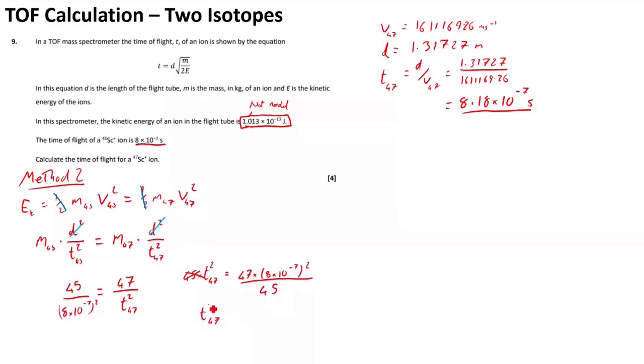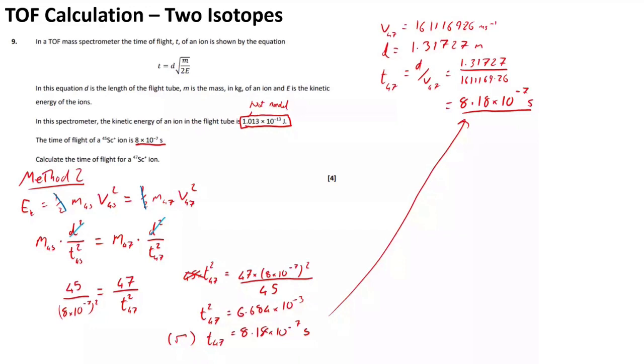And then the time of 47 squared comes out as roughly that, I think. And then if you square root the answer, the time of 47 comes out as 8.18 times 10 to the minus 7 seconds, which is exactly the same as that one there.